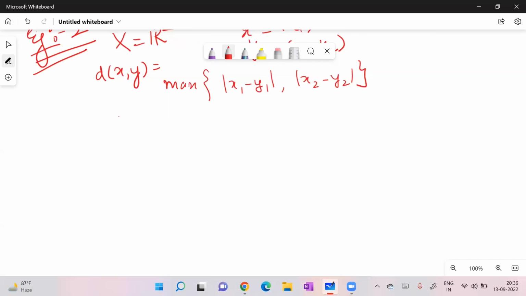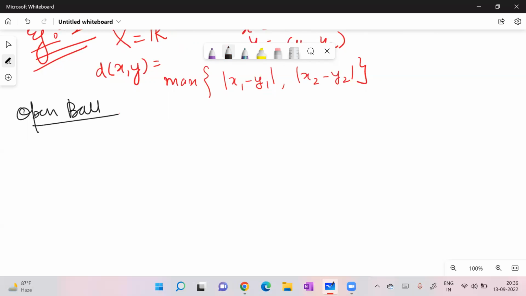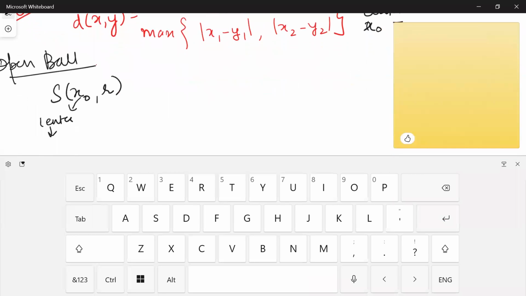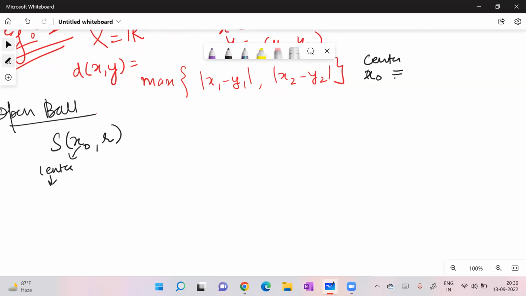If we talk about the open ball, S(x naught, r), x naught is any point. x naught is the center, and we are fixing the center at (0, 0) and radius again at 1.